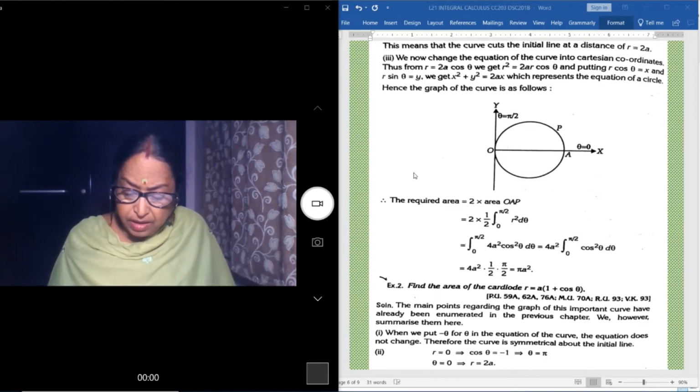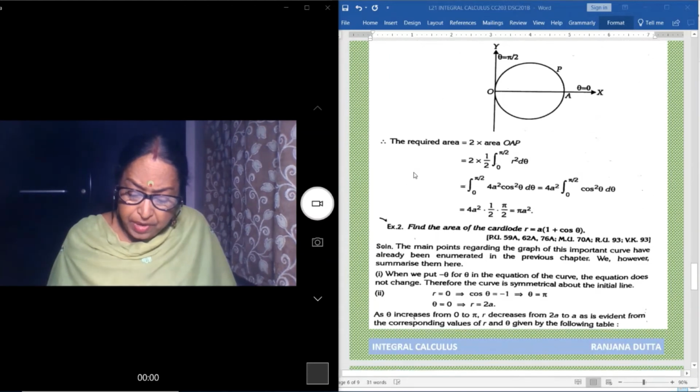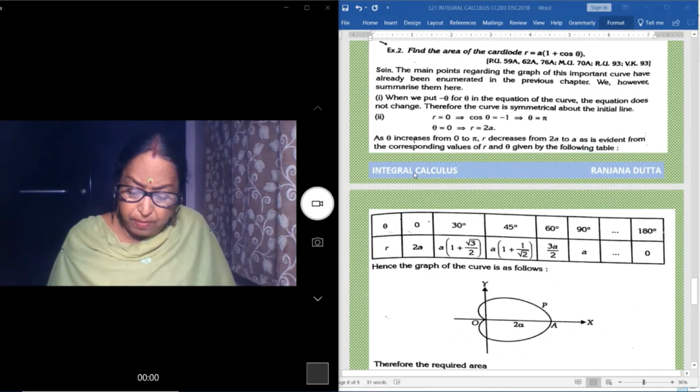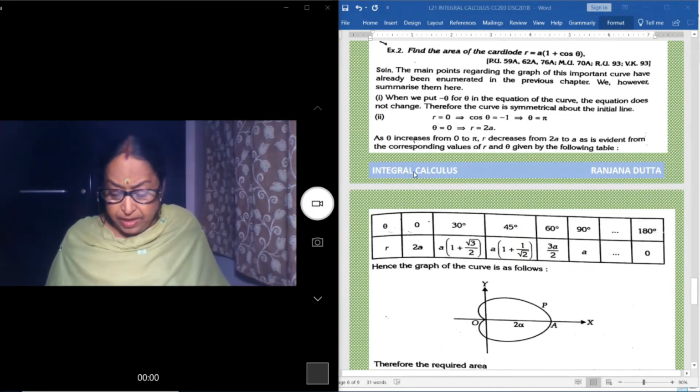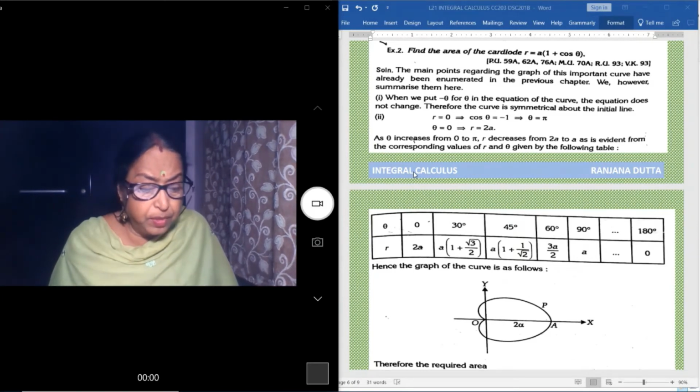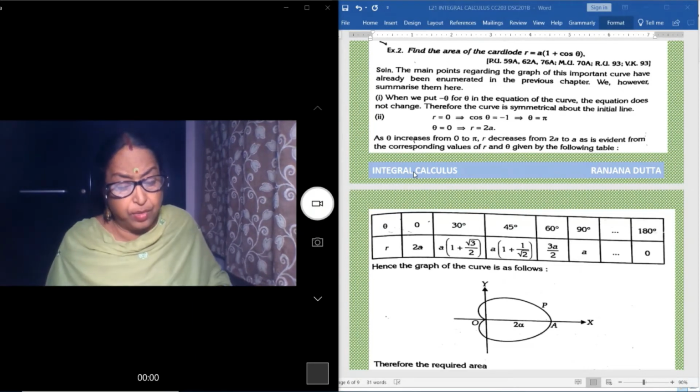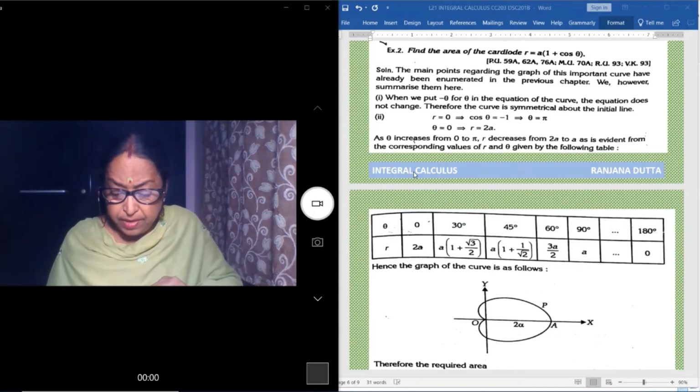Find the area of the cardioid r is equal to a(1 plus cos theta). Here we see how to draw this type of graph.